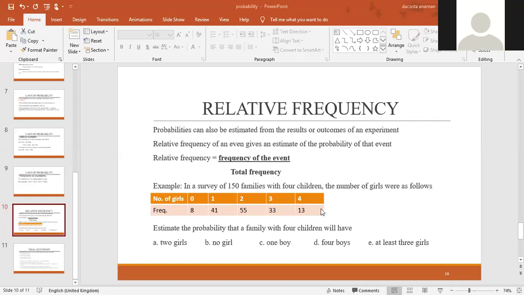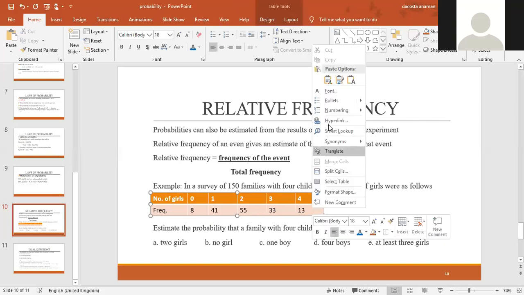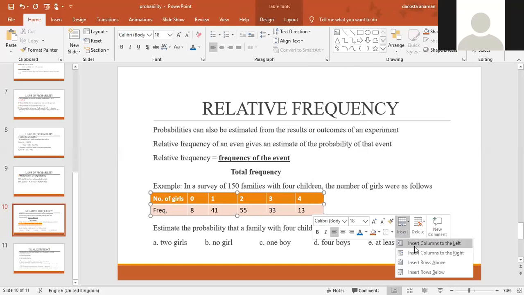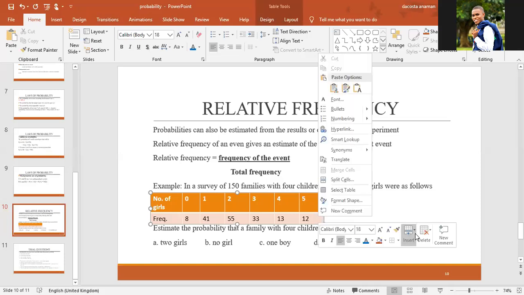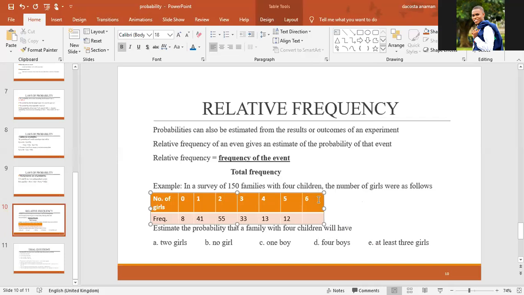So for example, if there is another one here, which is 5, and maybe we have 12, there is another which is 6, and we have maybe 10.